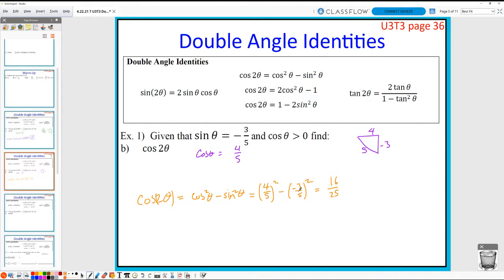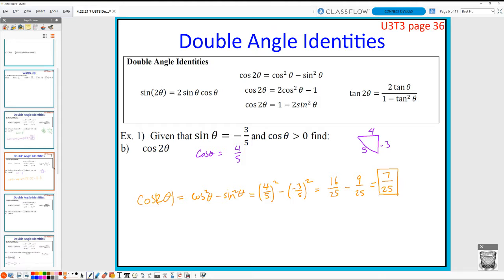I have negative 3/5 as a whole, one number being squared, meaning that's going to give me positive 9 over 25. Some people might make the mistake of putting negative 3 over 5 squared into the calculator, which squares your 3/5 and then gives you the negative. You don't want that. You want to have it together. The negative is going to get squared as well, so it becomes positive. You're going to get 7 over 25 as your final answer.